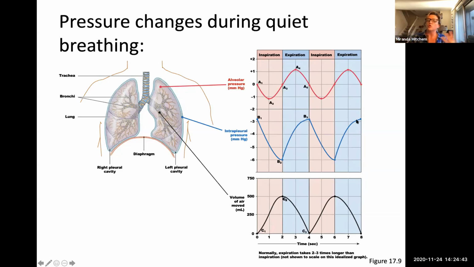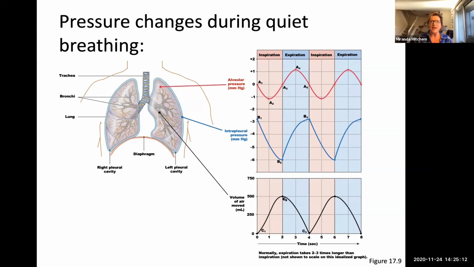So the overall direction is the same between the alveoli and the intrapleural pressure, but look at the difference in the slope of the curve. So our intrapleural pressure goes back up quicker than we see with the alveolar pressure. And that has to do partly with the amount of volume that's present in each of these areas too.